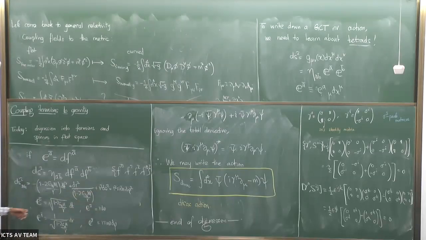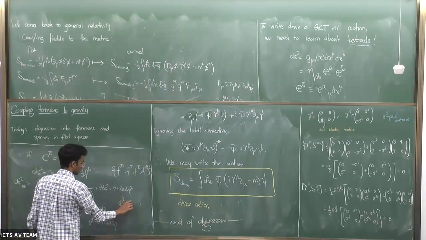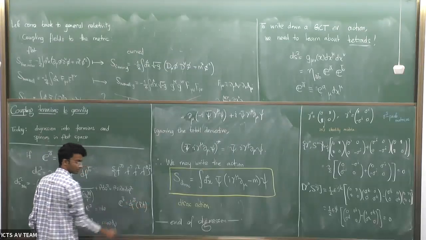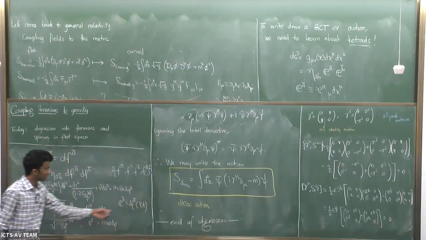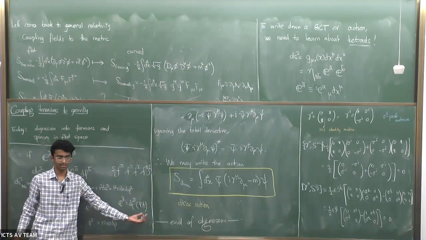Also notice that you cannot write this as df, right? Because let's say you write e0 as df0, a function of r and t. But then if it's a function of r and t, it will have dt and dr, right?